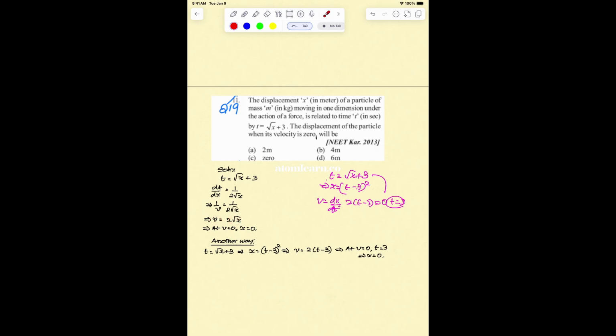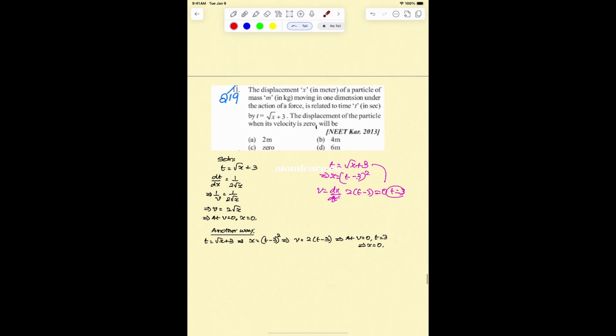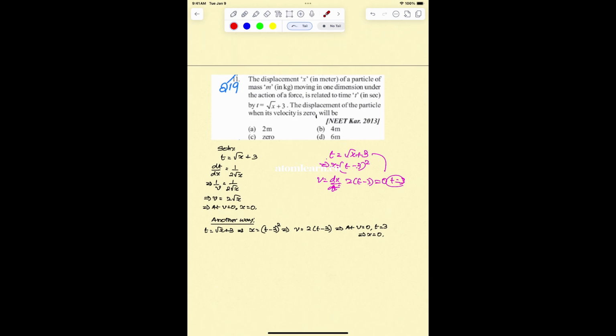Okay, therefore another way is what I have now given. You can do both ways, it doesn't matter, because this looks very simple. Whichever you feel convenient and confident with, you can do. I would personally advise you to do this method here, because it is a straightforward method, as I said.